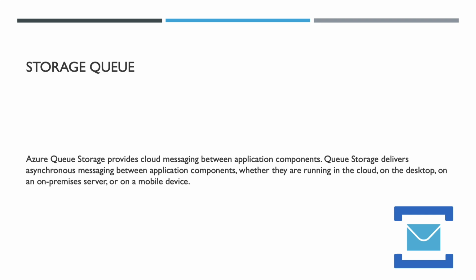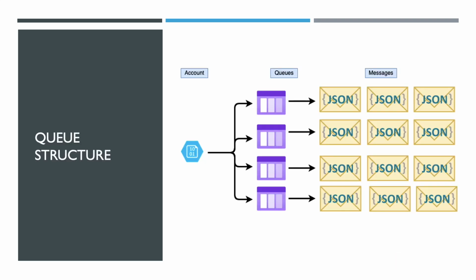So let's look at the structure of a queue. As we can see, queues utilize the resource as well, and inside the resource we can have as many queues as we want, and inside every queue we're going to have messages, and every message is basically composed of a JSON file, and this JSON file contains all of the information that we need to process this message.